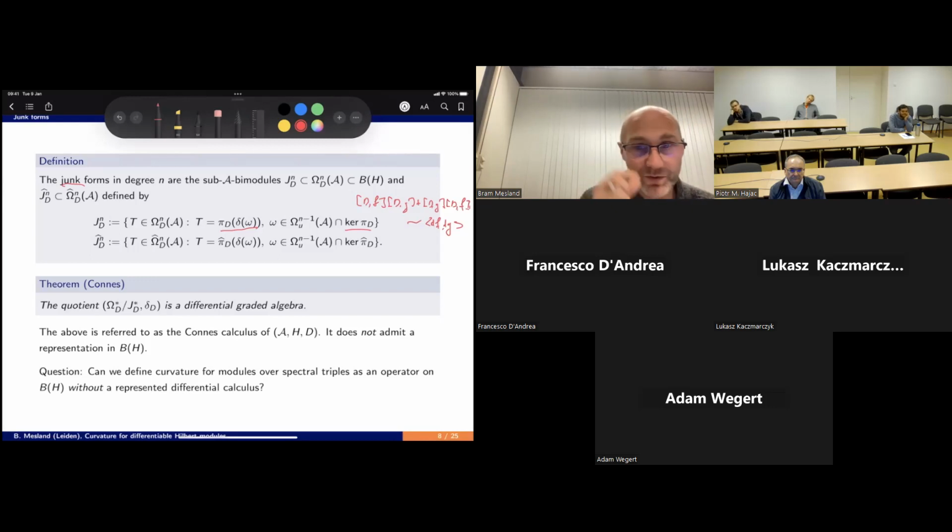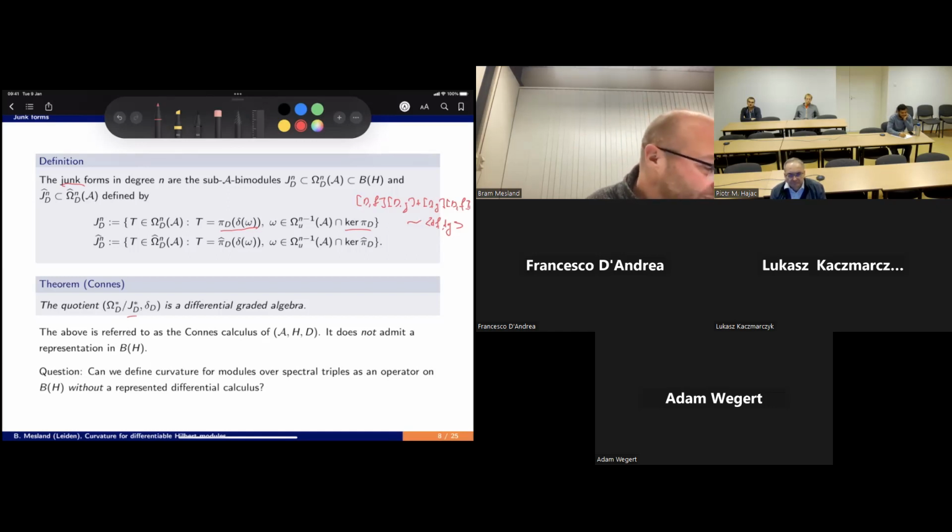And the reason I want to do that is that the Connes calculus, which is a nice calculus for many reasons, so I'm certainly not arguing against it, but what it doesn't do is it does not admit a representation anymore on B of H, because we've quotiented out some ideal in the differential graded algebra. We've quotiented out some ideal of an object that was represented, and so we simply cannot represent it on B of H anymore.